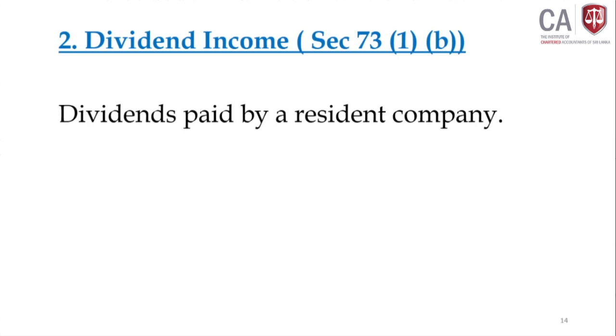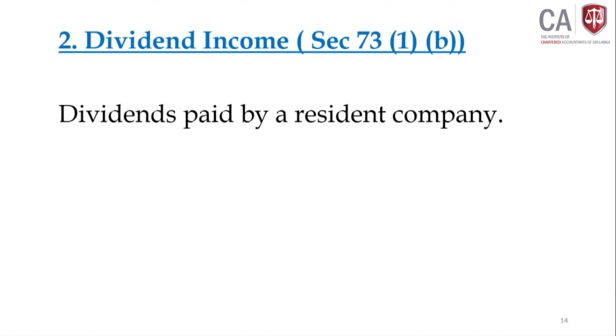If a non-resident person has invested in a resident company in Sri Lanka, a share investment, and the resident company has paid a dividend to the non-resident person, it is income arising in or derived from Sri Lanka to that non-resident person due to his share investment in Sri Lanka. It is a source of payment with reference to the non-resident person.